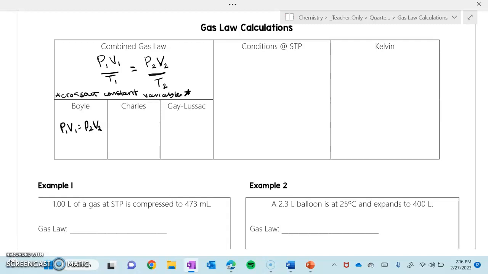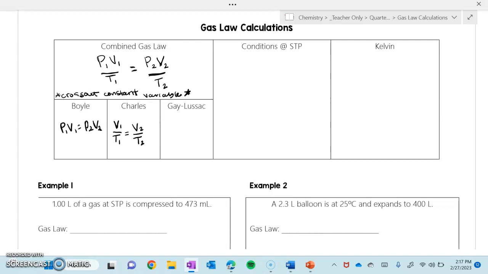Charles' law holds pressure constant. So if you cross out pressure, we're left with V1 over T1 equals V2 over T2. And this should look similar to proportions, right? Proportional reasoning. When solving these, we will need to use cross multiplication, so that will be helpful. We talked a little bit about that on Friday, making sure that we all remembered how to do cross multiplication, and we'll touch base on that again on Wednesday.